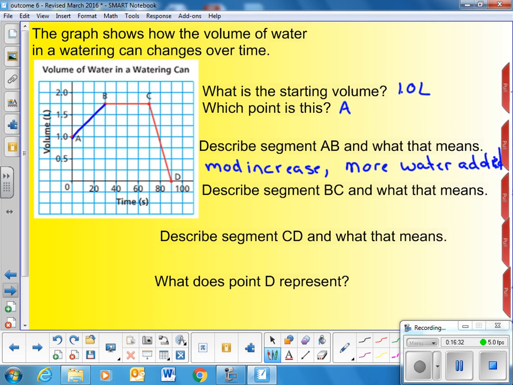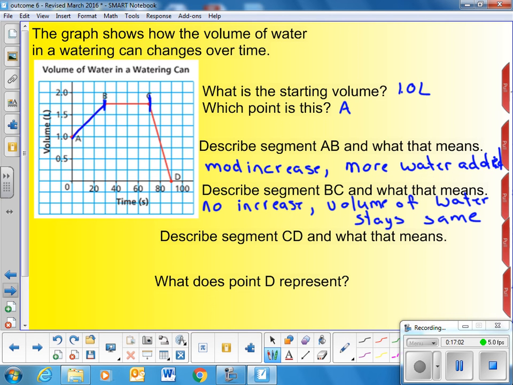Describe segment BC. So the next section is between here and here. So there's no increase. And this means that the volume of water stays the same. Describe segment CD.